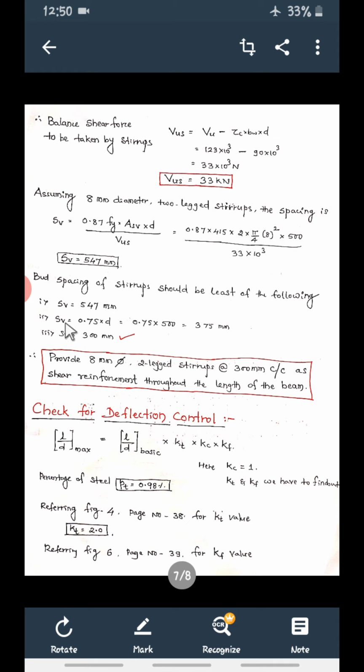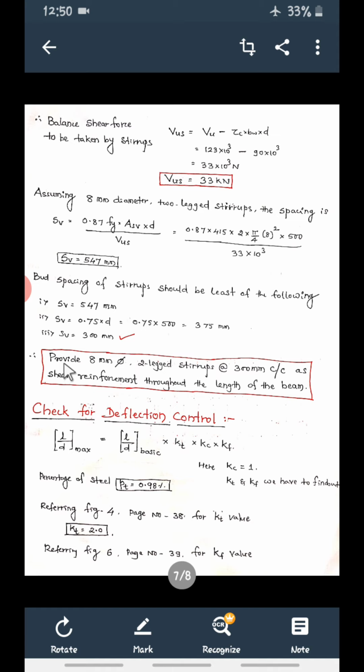Second, SV spacing equal to 0.75 into D, 0.75 into the effective depth of the beam, that is 500 mm, so 0.75 into 500 is 375 mm. Then spacing 300 mm. Out of these 3 values, which is least? 300. So that will be your spacing.